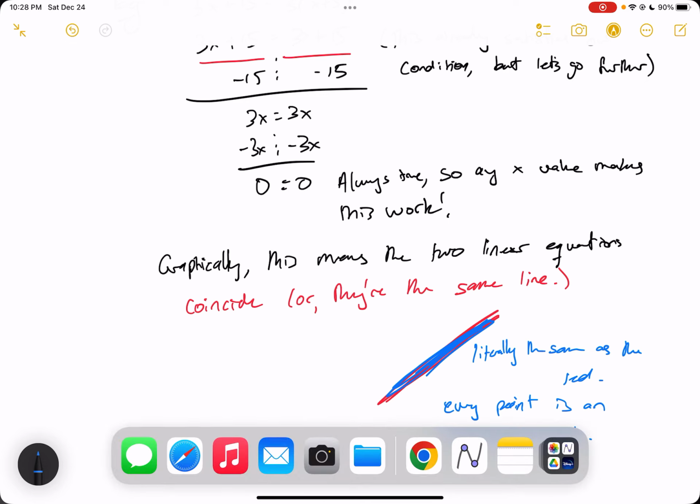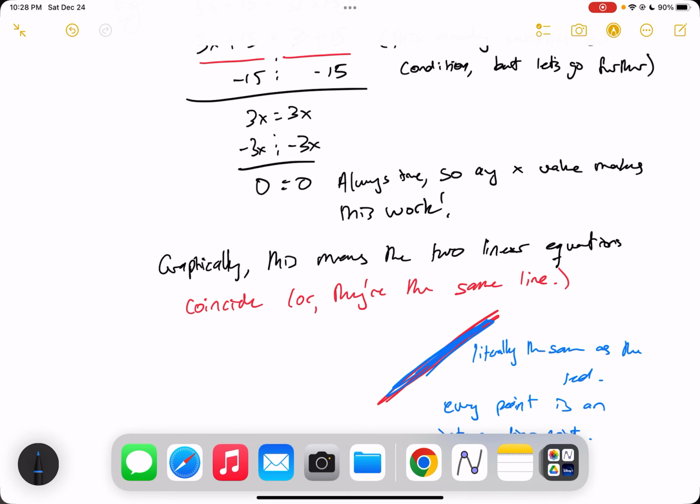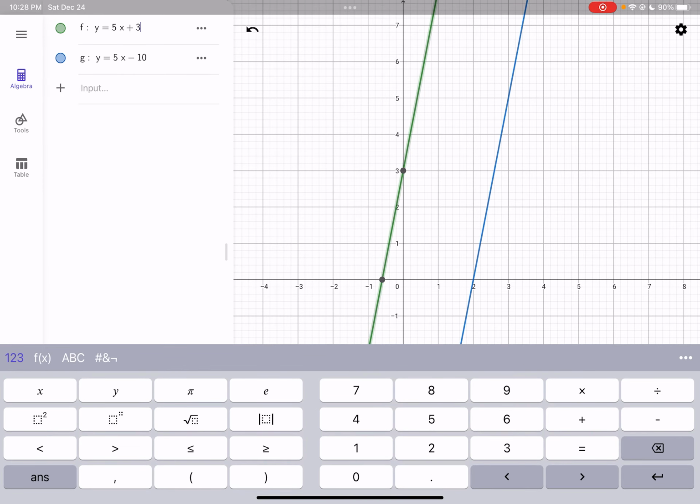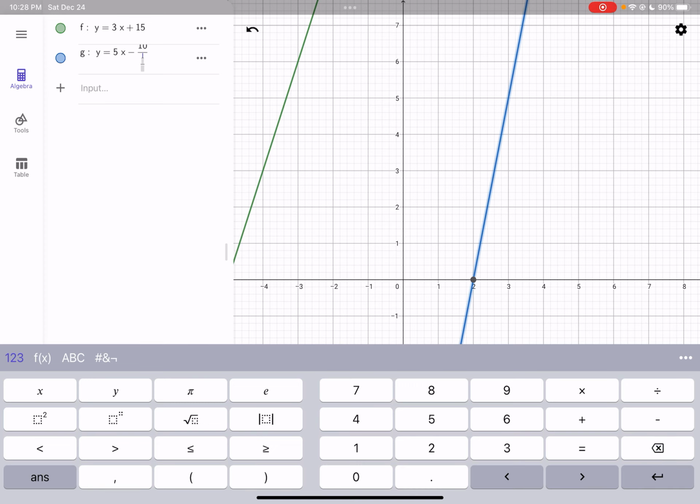Let's see this in GeoGebra. Once again, let's erase these and let's go through our paces. Y equals 3x plus 15. And the other one would be 3, open parentheses, x plus 5.